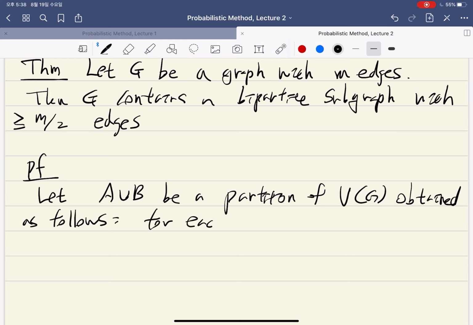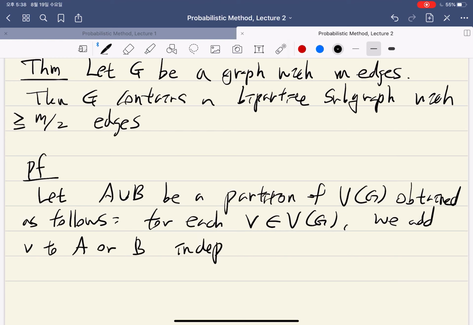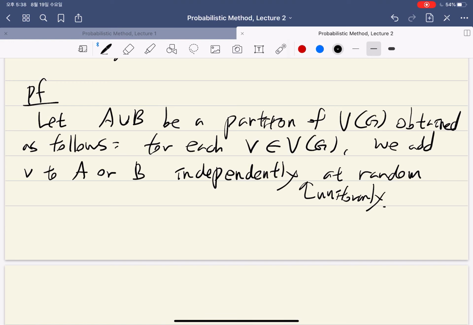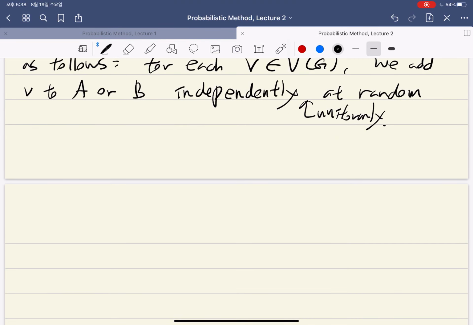For each V, which is a vertex in G, we add V to A or B independently at random, and of course uniformly at random, meaning that V is added to A or B with probability half, and that's independent. So for several different vertices, which set they belong to are independent events. And let X be the number of crossing edges.